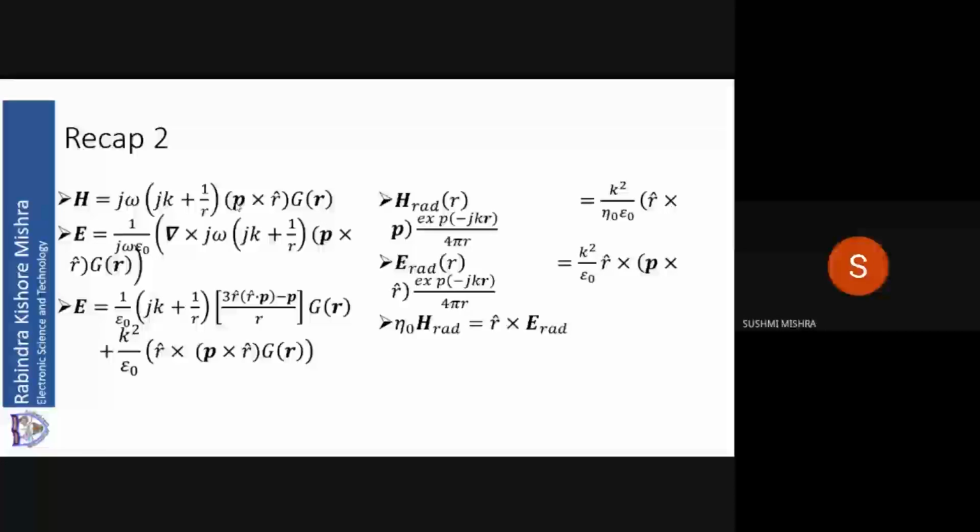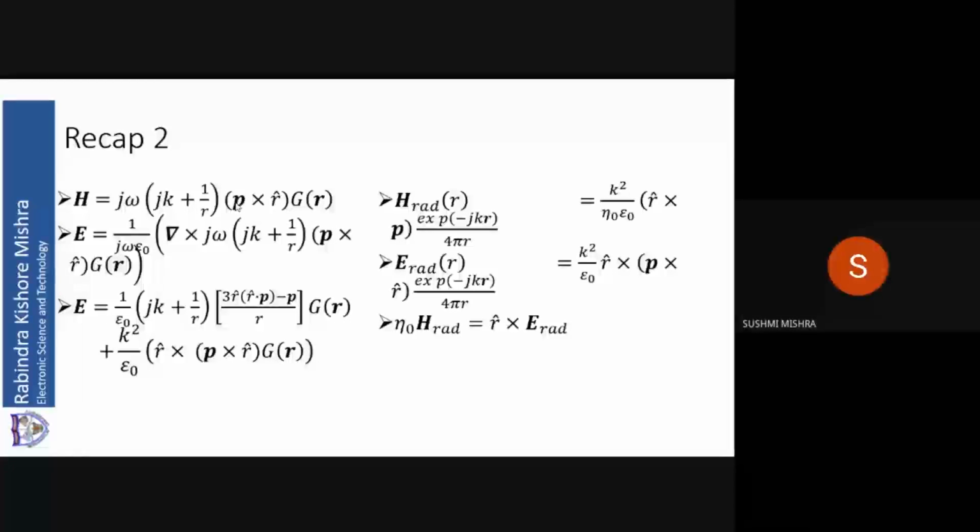Now, if we compare these two, H_rad and E_rad, we saw that η₀ H_rad is equal to r̂ cross E_rad. So there is a relationship between H_rad and E_rad, which is by η₀. So E_rad is η₀ times more than H_rad in terms of magnitude, which is 120π, approximately 377 ohms times H_rad, in magnitude only.